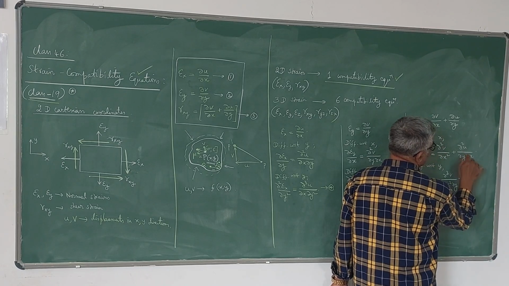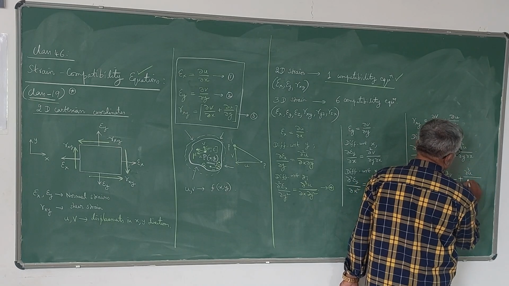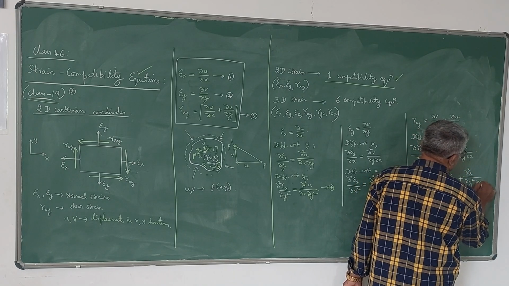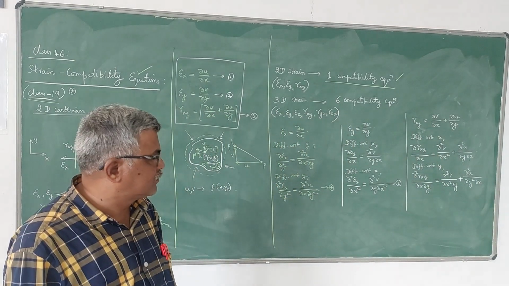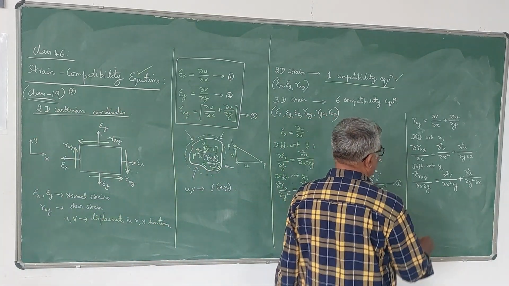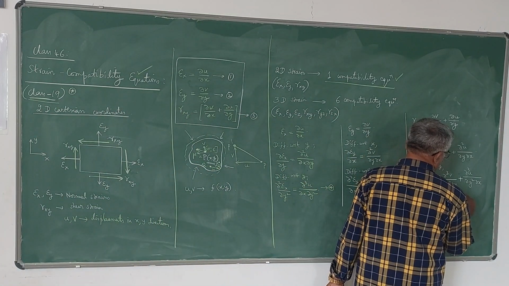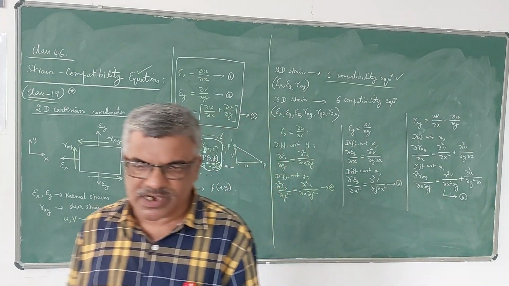If I differentiate with respect to y, ∂³u/∂y²∂x. y becomes twice. Now you can call this equation 6. So from equations 1, 2, 3, we got equations 4, 5, 6.